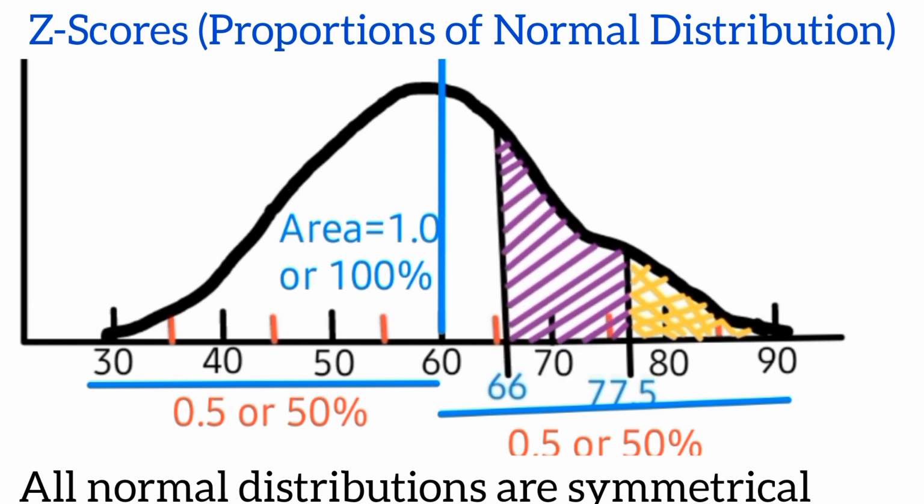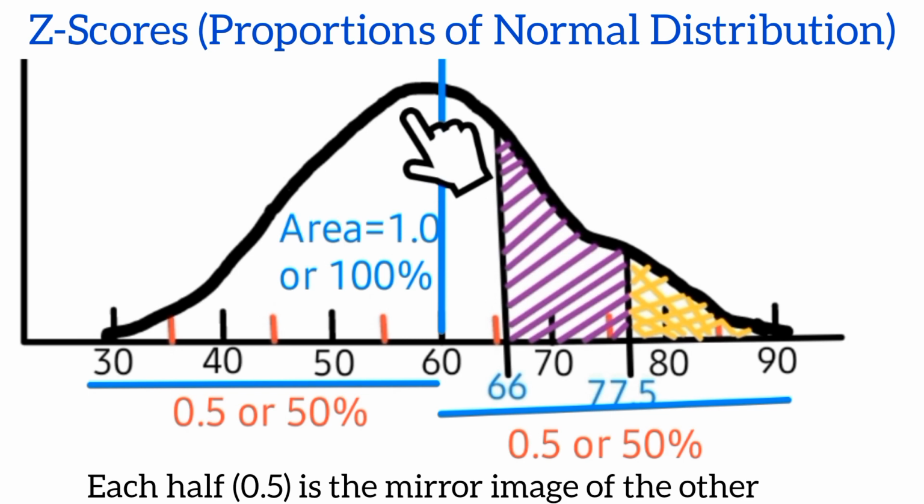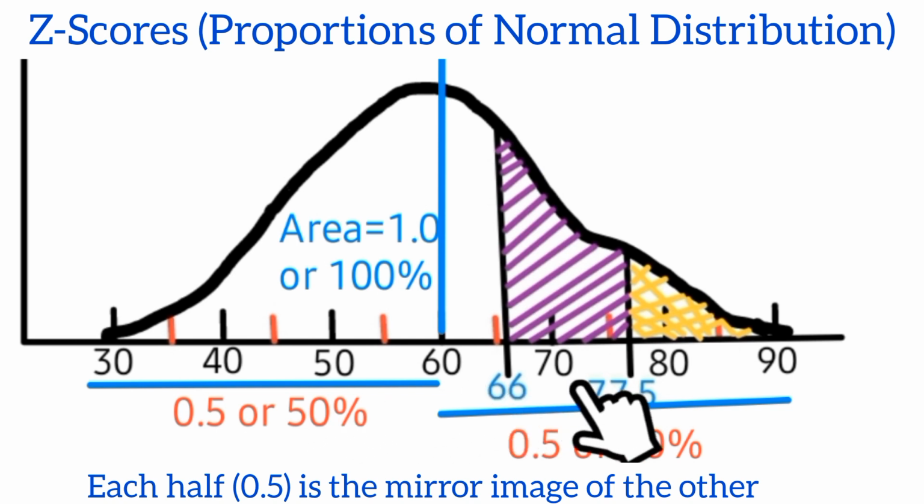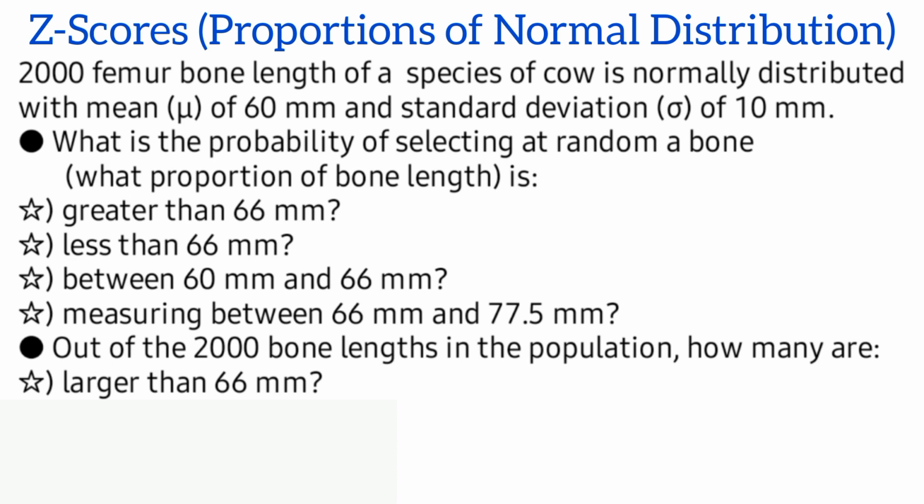This means that half of the area of the curve starting from 60 down below is 0.5 or 50%, and from 60 to 90 is also 0.5 or 50%. Of course, adding up the proportions, 0.5 plus 0.5 gives 1, being the total area, or the probability being 50% plus 50% gives 100%.